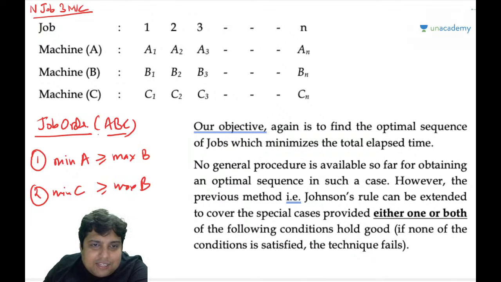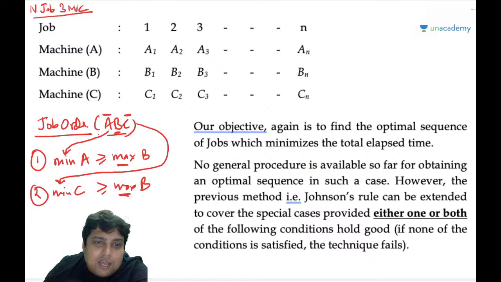If ABC is the sequence, then for the machines on the left-hand side and the right-hand side, we consider the minimum values, and the center one will have the maximum value.